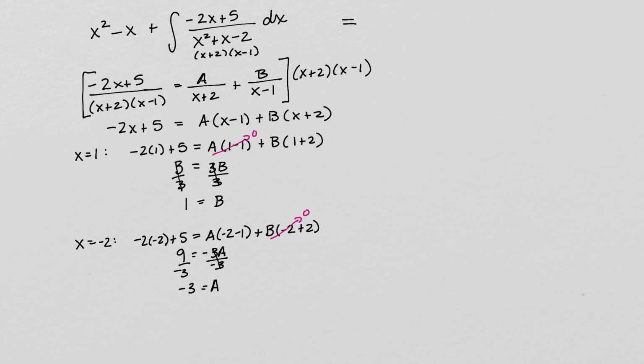So my original problem here is now going to be the integral of x squared minus x plus a, which is negative 3 over x plus 2, plus b, which is 1 over x minus 1, dx.